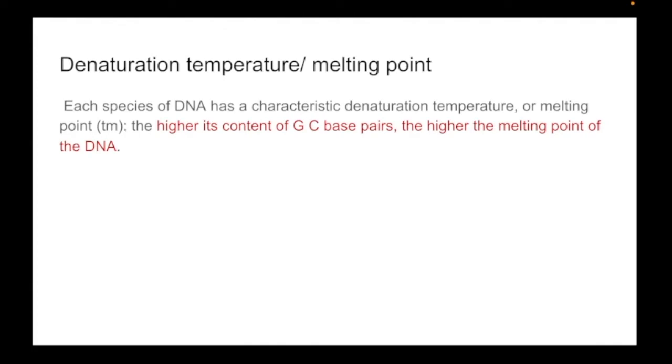If a DNA has a higher GC content, its melting point is higher because G and C are base paired with the help of 3 hydrogen bonds. So if a DNA molecule is a longer structure, then it has a higher melting temperature, and if it has a higher GC content, the melting temperature is higher.